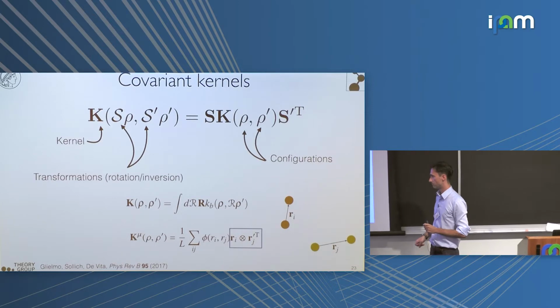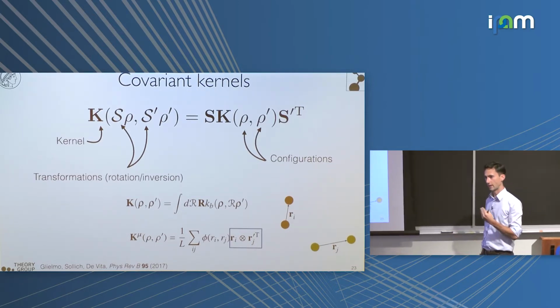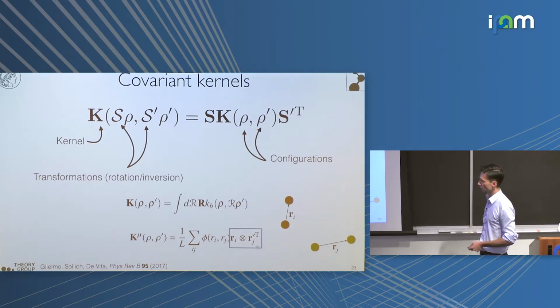Geometrically it has to be this, in the sense that you went from a scalar-based kernel, where a kernel entry is only a scalar, so the similarity between two samples is a scalar quantity, to this covariant kernel, which is a matrix-valued kernel, a 3x3 entry. So the similarity between two samples is a 3x3 matrix.